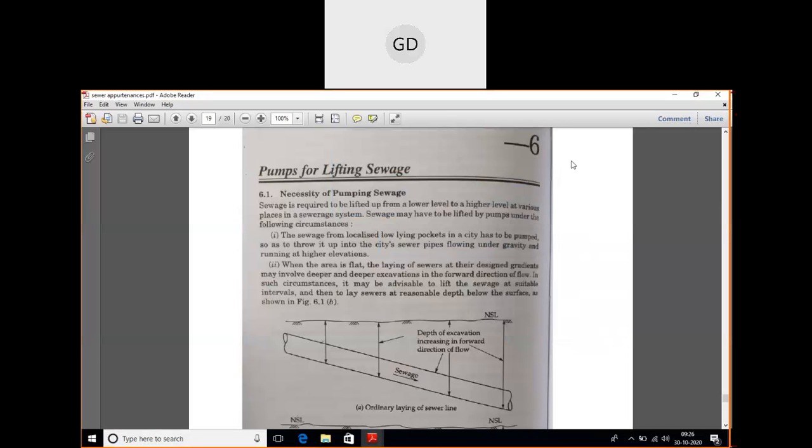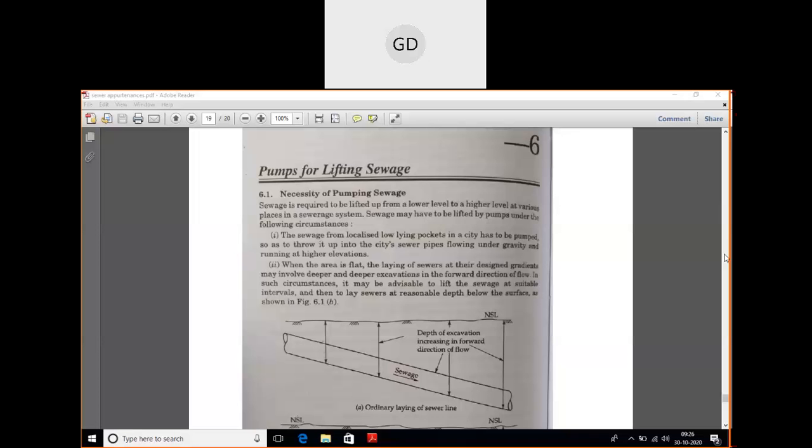Okay, so this part is about pumps. We don't need to go into much detail about pumps in this course. We just need to know why pumps are required for lifting the sewage. That part I missed that day.